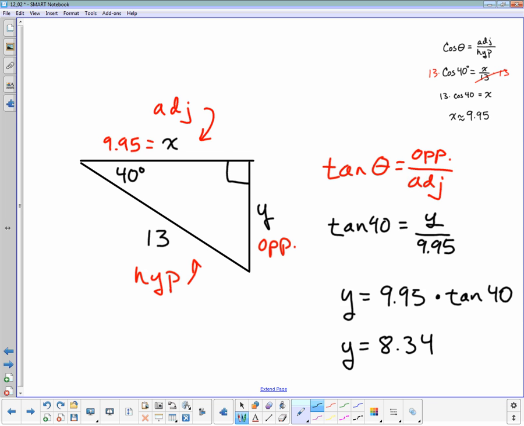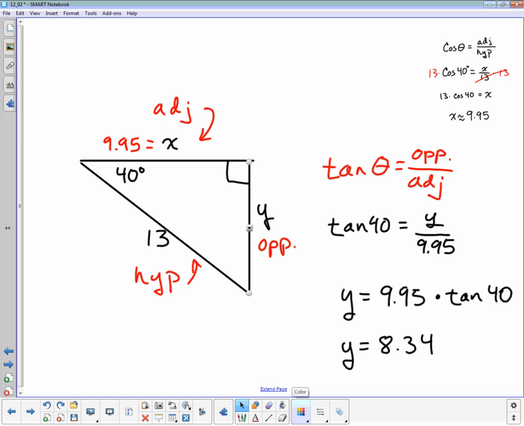And if you look at that, it kind of makes sense because it's across from the small angle. It's the smallest side. I mean, my picture isn't exactly perfect. A 40-degree angle actually looks more like that. So now it really kind of does look like 8 if it needed to be, right?